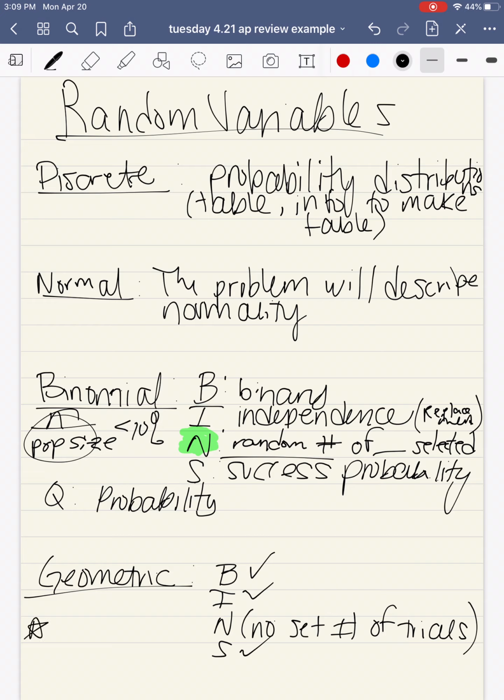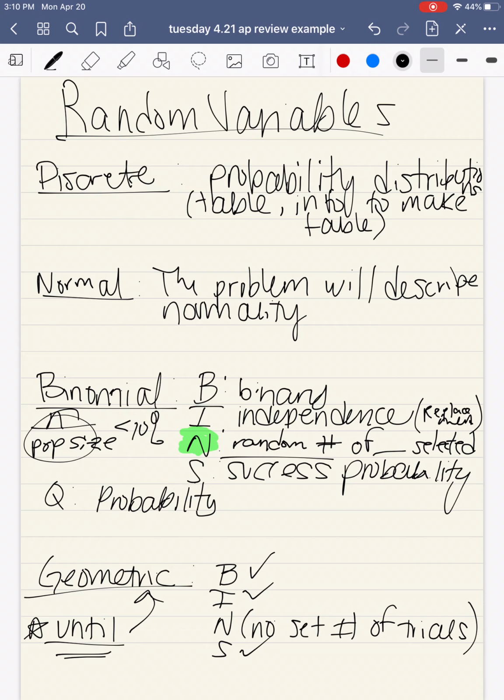Another key word will say until something. So maybe, what's the probability I draw a person until whatever event occurs. So if it's asking for probability and it uses the word until, then it's a good indication that it's geometric.